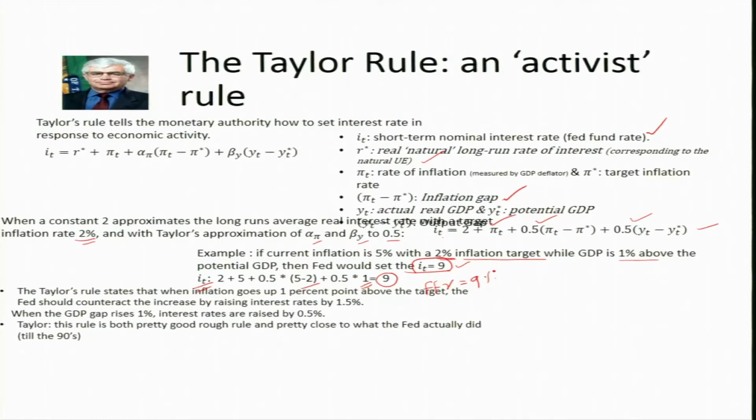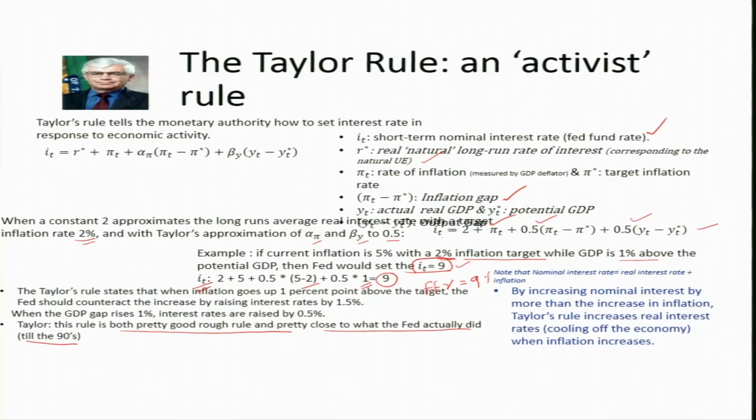According to Taylor, this rule is both a pretty good rough rule and pretty close to what the Fed actually did until the 1990s. However, later on, according to Taylor, the Fed changed away from this predictive tool.